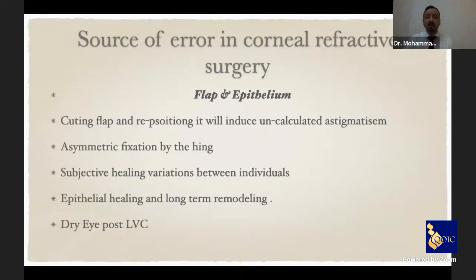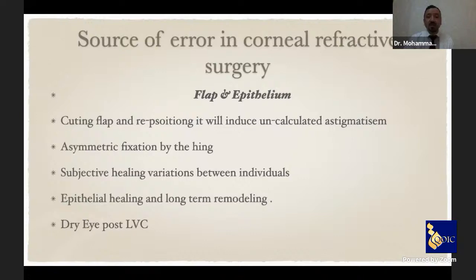Flap and epithelium play an important role in deciding the final results, as we all know that cutting the flap and repositioning it will have its own effect in inducing some astigmatism. And we are also more and more aware of the powerful epithelium and its ability to remodel, plus the dry eye effect post laser vision correction.